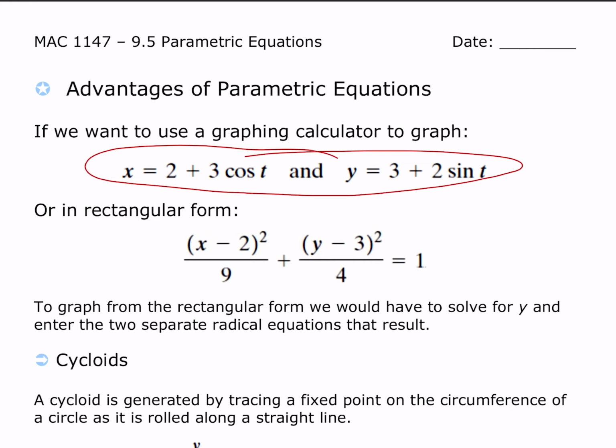In a TI, like an 84 or an 89, I don't use the Nspire, but I'm sure it's in there because that thing will basically cook and clean for you. I know that on the 84 and the 89, you can hit the mode button and scroll down and over to Par, or parametric, instead of function mode. And then when you hit y equals to enter the equation, it'll give you an x1, y1 pair and then an x2, y2 pair so that you can enter pairs of parametric equations.